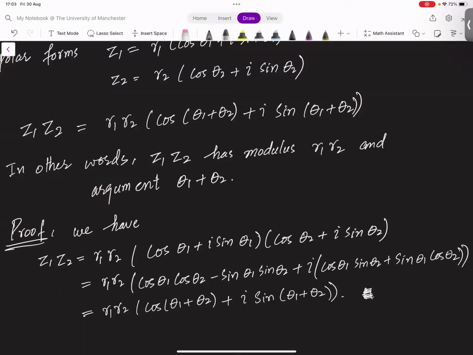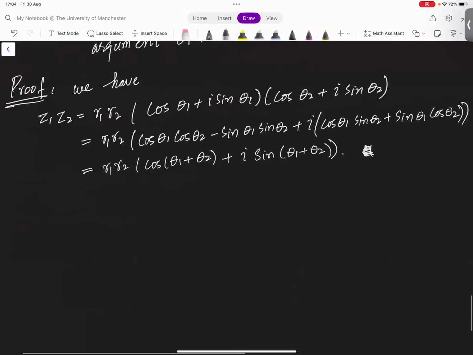For example, multiplication by iota rotates through pi by 2.